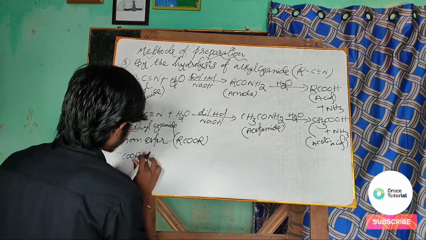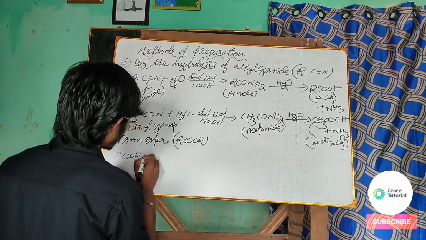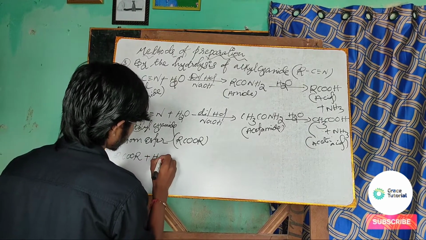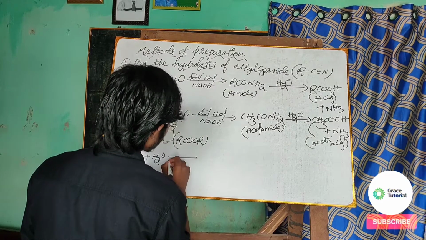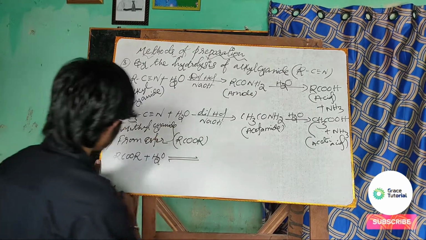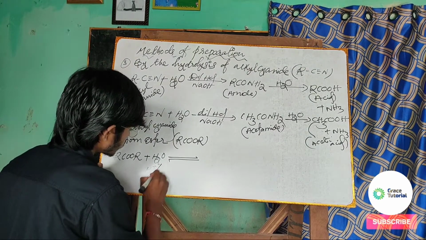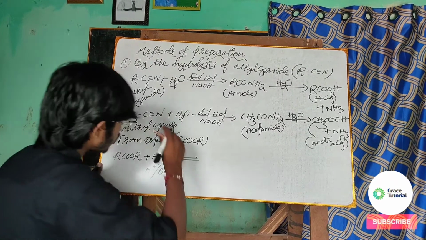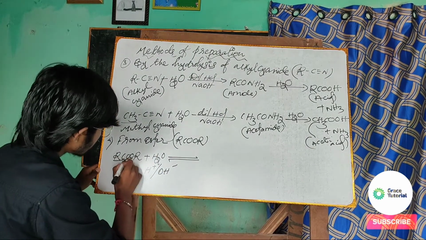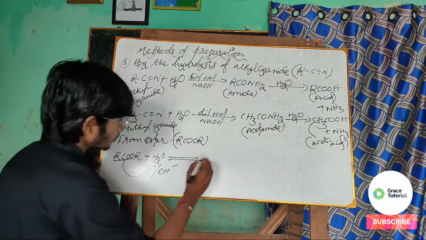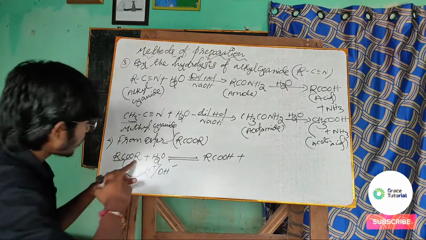When this ester gets hydrolyzed, that means if water dissociates, then we get H plus and OH minus, and we get RCOOH plus ROH.